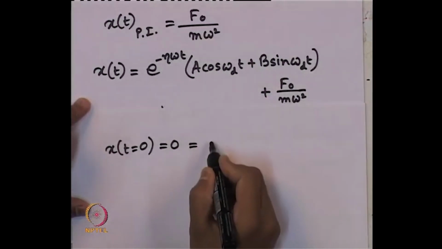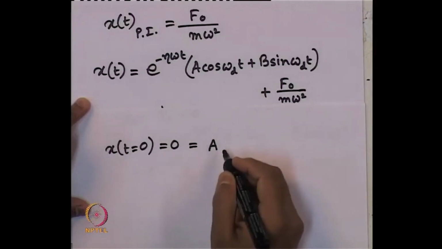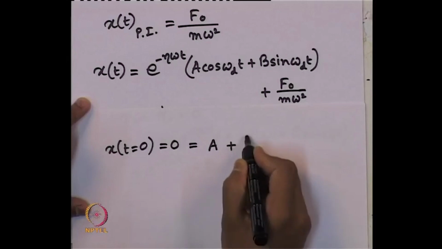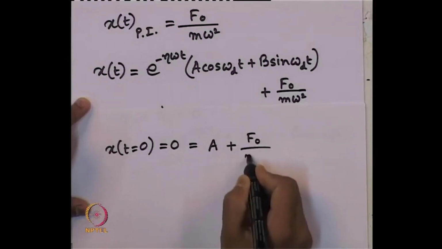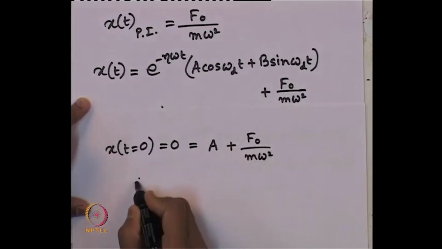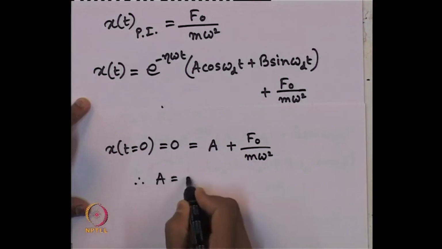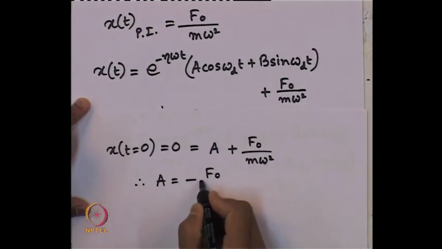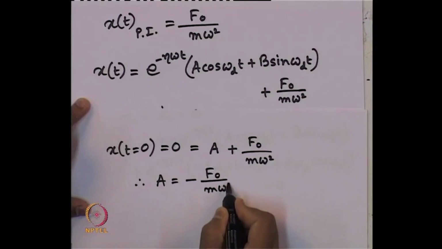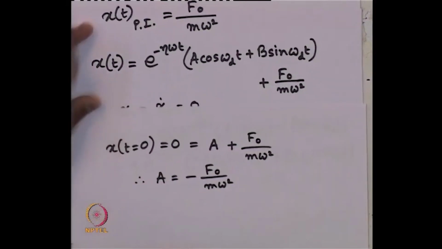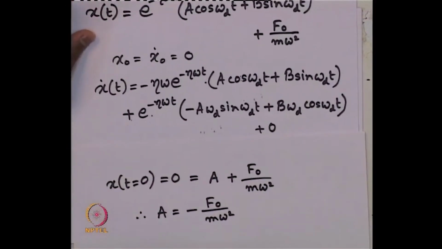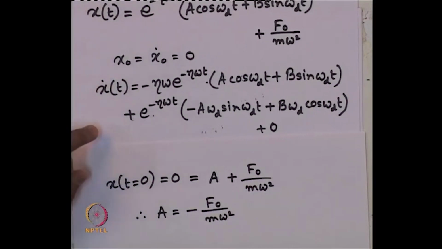So, it gives us a plus F naught by m omega square. Therefore, a is minus F naught by m omega square. And now to compute b, let us take the second equation, this equation.